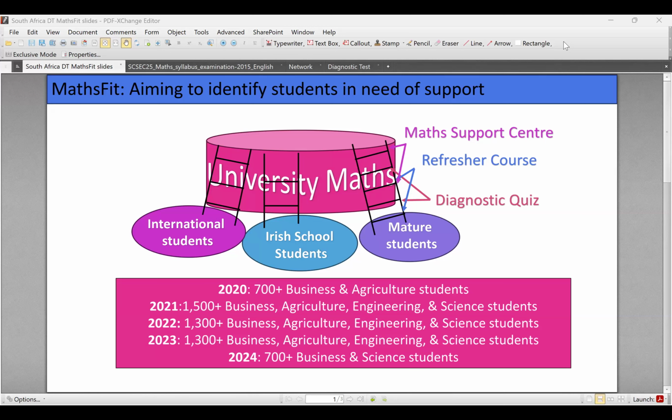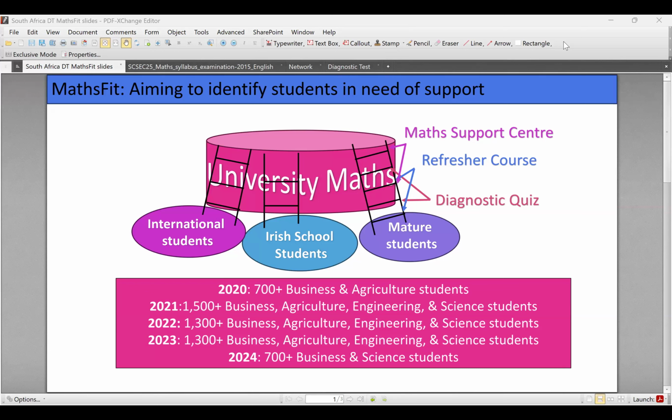So these are service teaching students. It wasn't for maths students. It was for various degrees in the university. And we started out with 700 business and agriculture students in 2020. And you can see then for the next 3 years, we did the business, agriculture, engineering, and science students. So, you know, well into the 1,000 students each time.